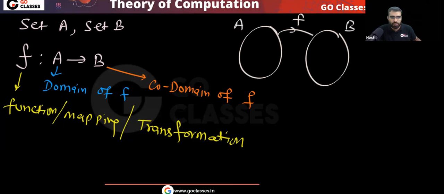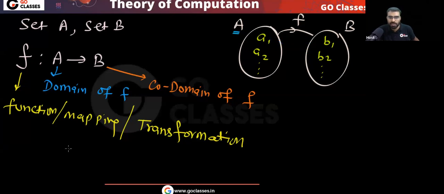In this set A, you have some elements. In set B, you have some elements B1, B2, and so on. This function will map every element of set A to a unique element of set B. Remember, you cannot do this.